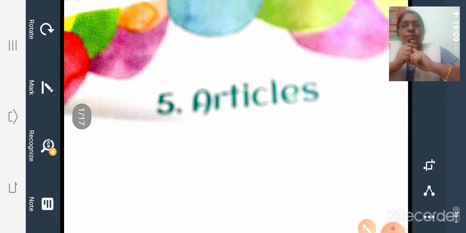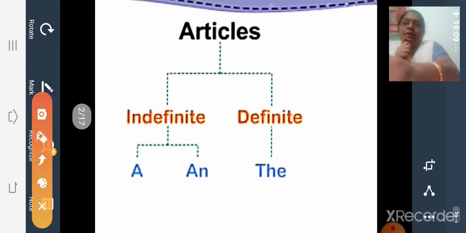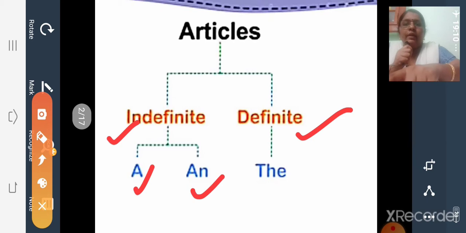What are the two types of articles in English? Indefinite article and definite article. A and an are called indefinite articles and the is called the definite article.